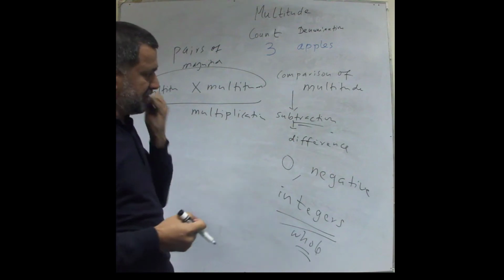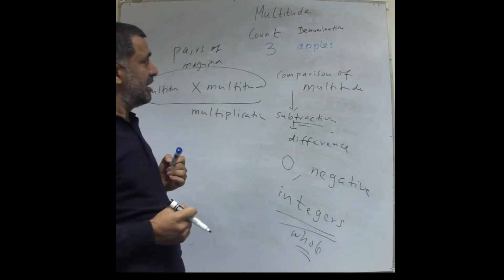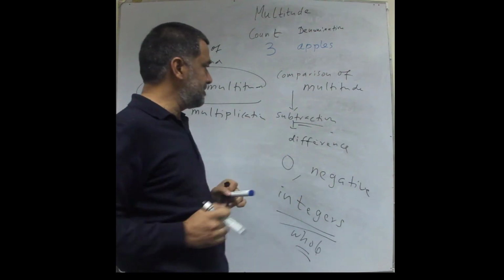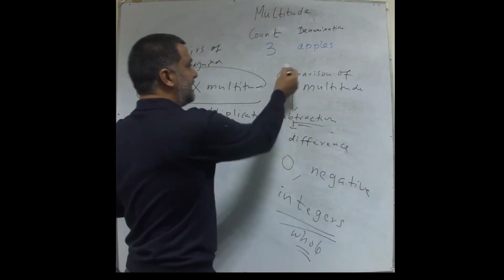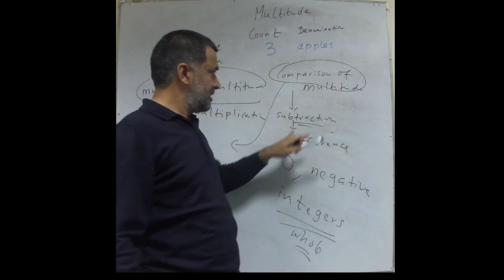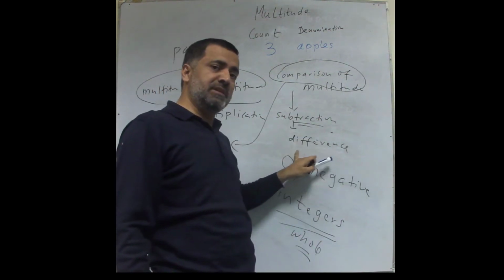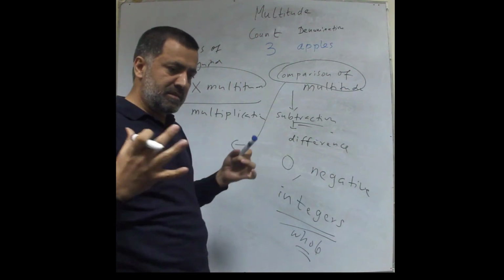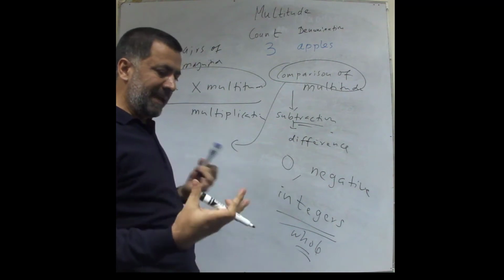And the last arithmetic operation dealing with multitudes, so far we are doing everything with multitudes, was another kind of comparison where instead of comparing two things with their difference, you compare things by a ratio, you see.